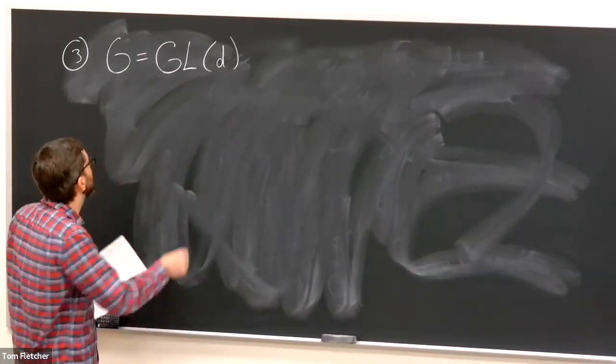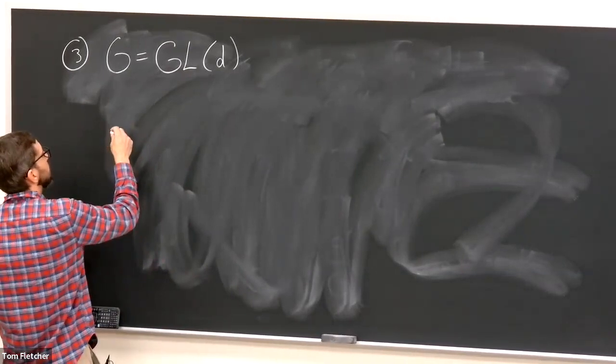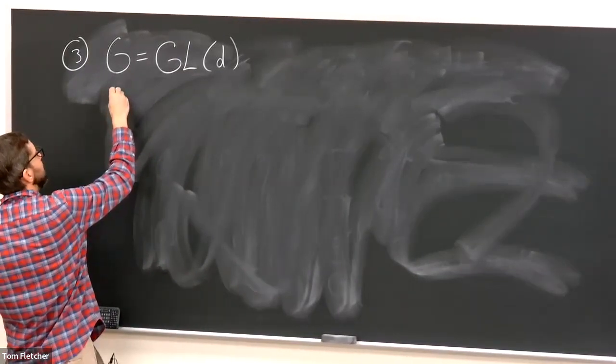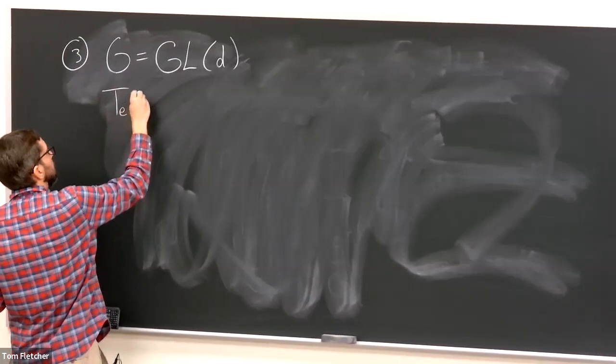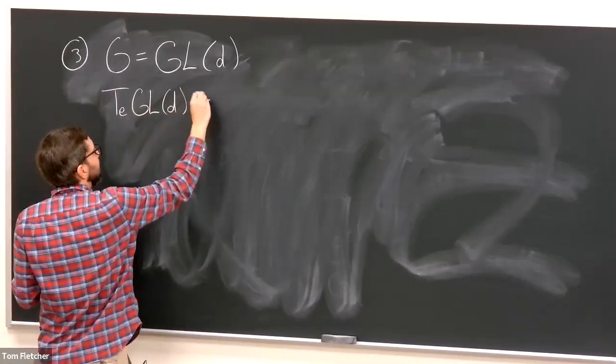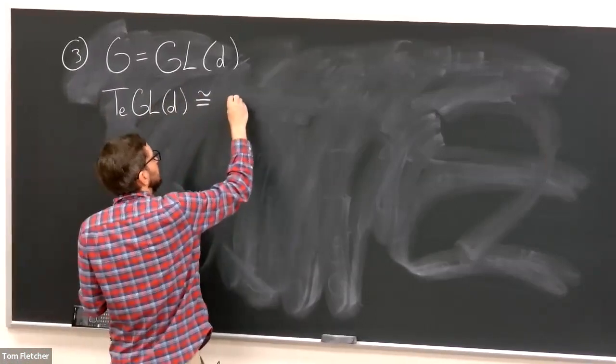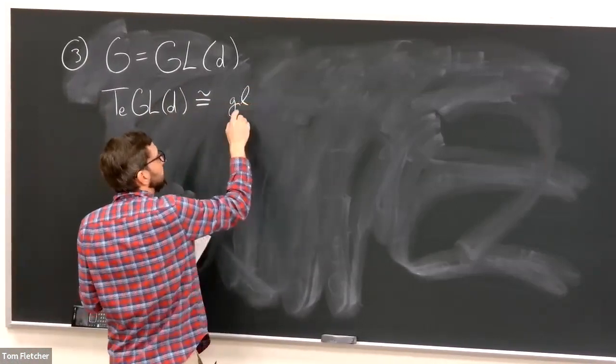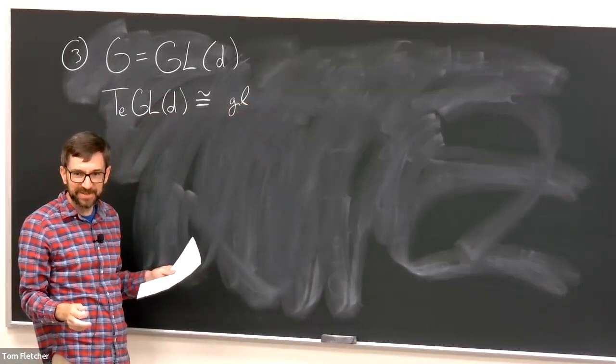In this case, one parameter subgroups. Oh yeah, first let's talk about the tangent space. So the tangent space at identity of GL of D, the notation is again the fraktur font typically, but I can't really write it.